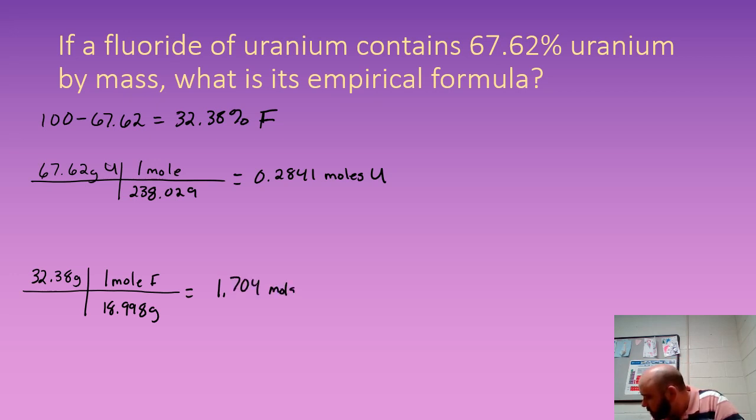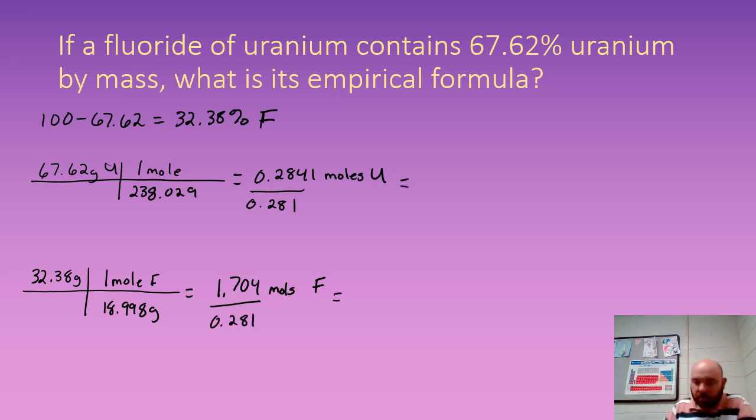moles of fluorine. Then we will divide both by the smallest molar amount, 0.2841. We will have 1 mole of uranium, and that comes up to about 6 moles of fluorine.